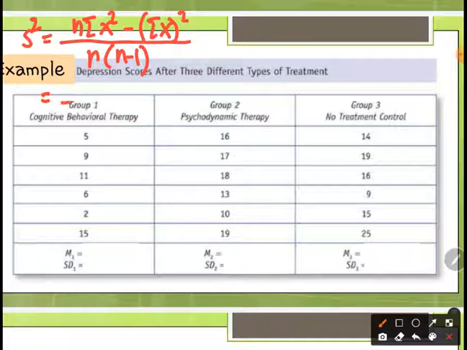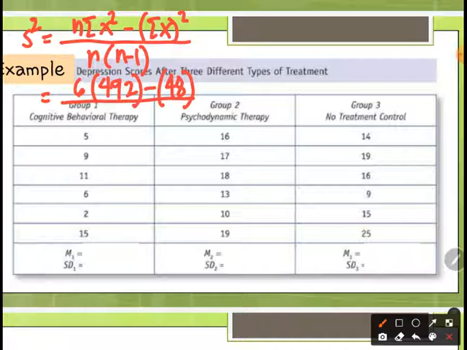So in this case, sa sample 1, meron tayong n that is 6 times yung summation ng x squared natin sa group 1, ilan ba yun? 492. 492 minus yung summation of x naman natin is 48. Ano ba yung summation of x, yes, nahanap na natin to kanina, no?